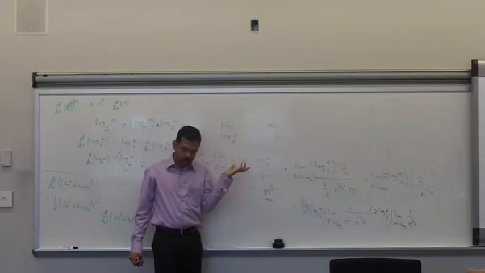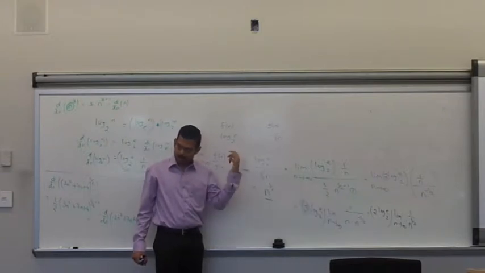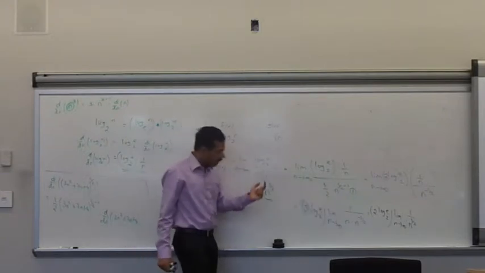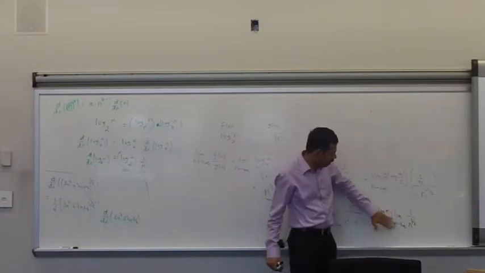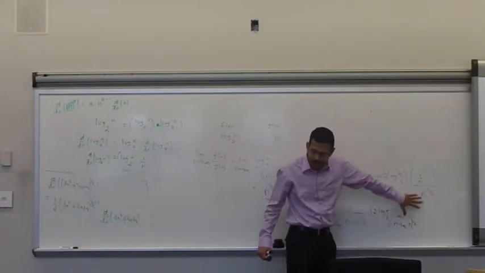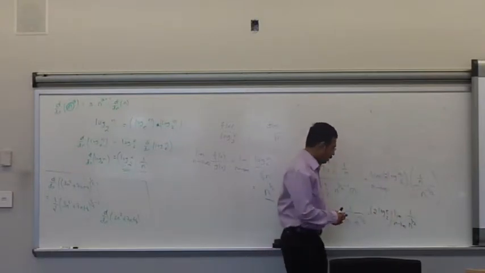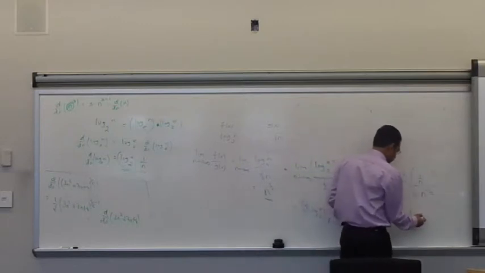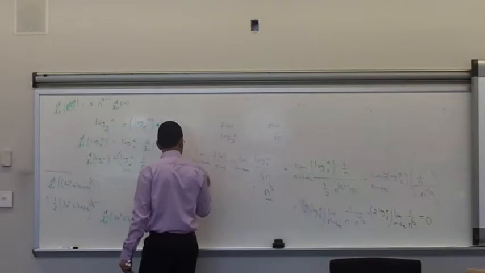Square root of infinity is also infinity. So 1 over infinity is 0. That means the whole thing will be what? 2 log e to the base 2 is here and then you have 0, right? So the whole thing is 0. So what do you get? Our limit is 0.